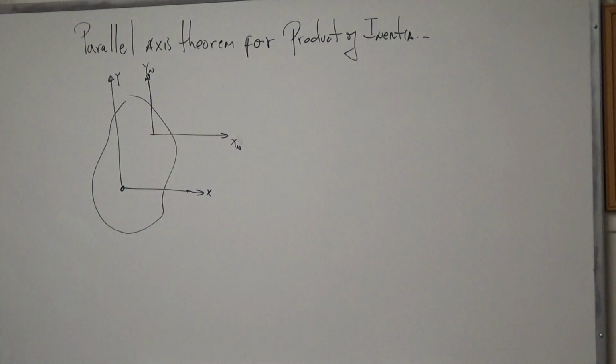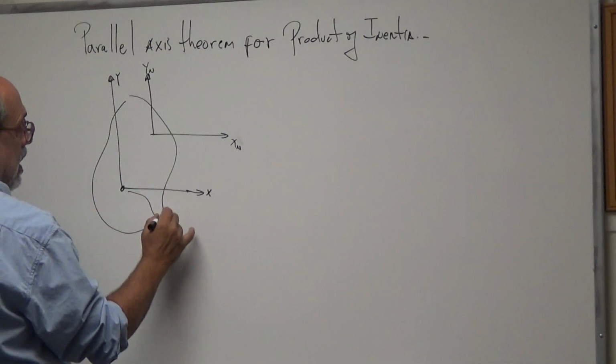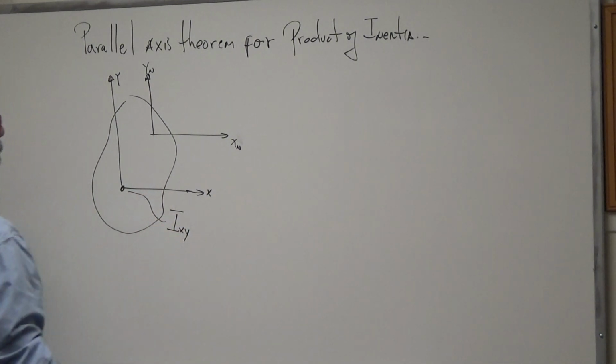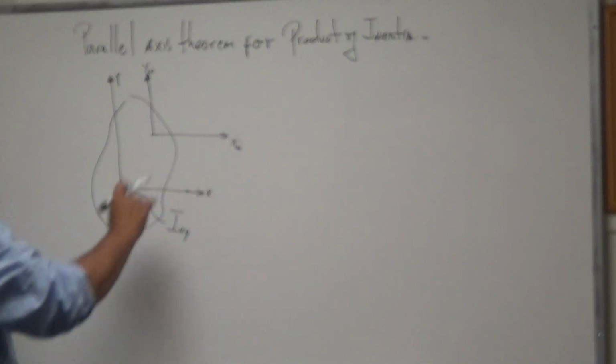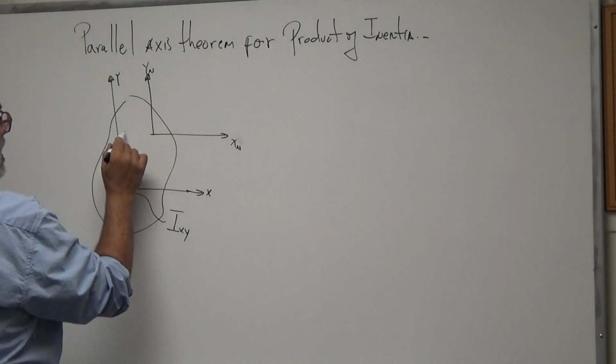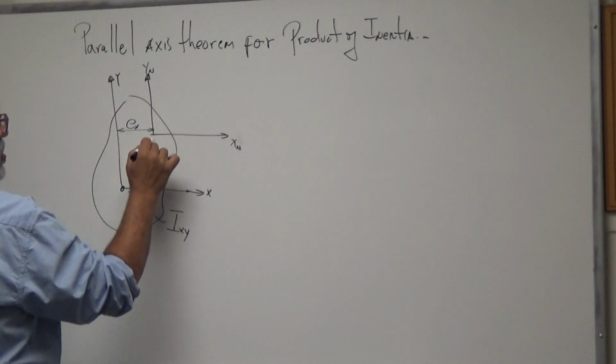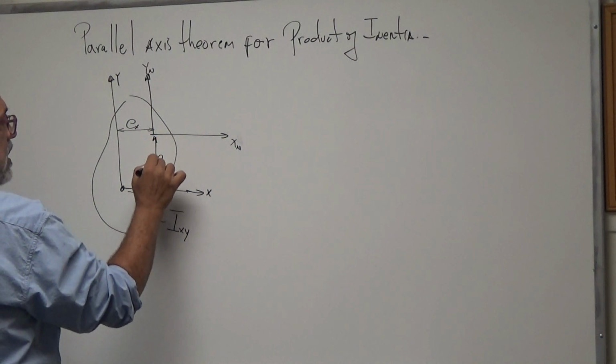Now let's say that for these axes, the Ixy here is known. What we want to know is what is Ix nu y nu, in case we refer them to these axes. Let's say that these axes are shifted to the right here a distance ex and shifted upwards a distance ey.